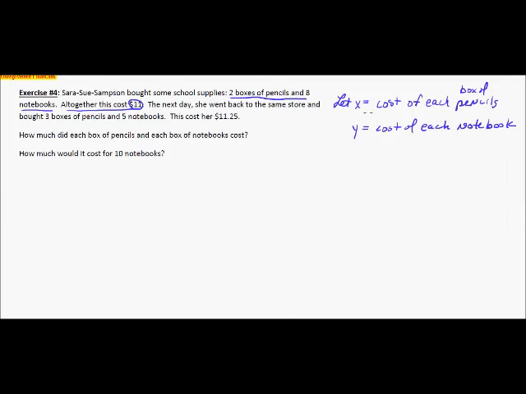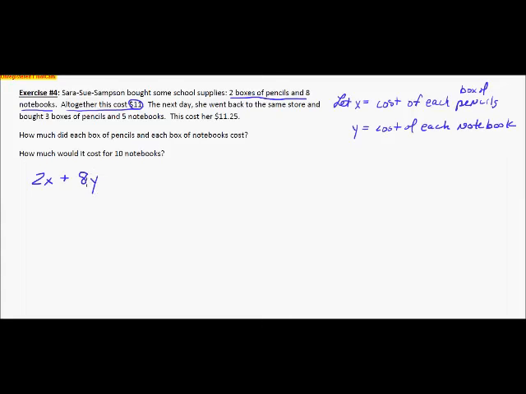So I simply can't say x plus y, because that would be the number of boxes of pencils and the number of notebooks. I want the amount that those cost. So 2 boxes of pencils, that would be 2x. That would represent the money that is represented by 2 boxes of pencils. And I'm going to add with that 8 times y.